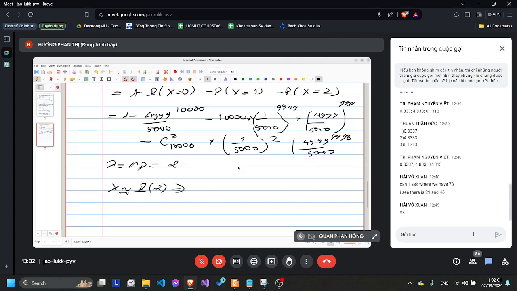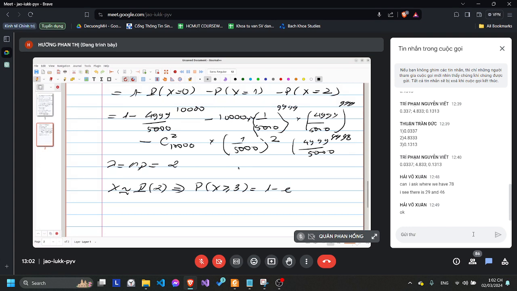Okay. Hence, the probability of S greater than or equal to 3 equals 1 minus the probability of S equals 0, 1, or 2. Using the formula of the Poisson, we have e to the power minus lambda, lambda to the power k over k factorial.